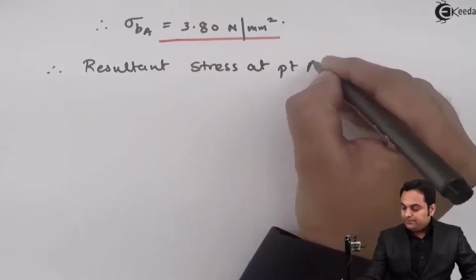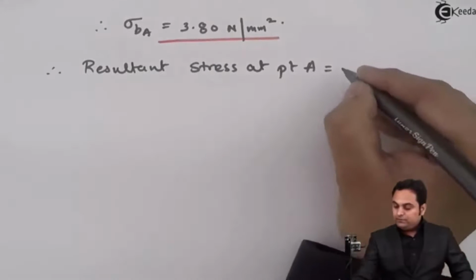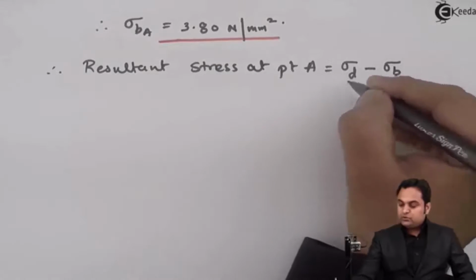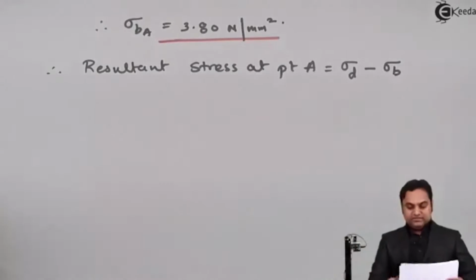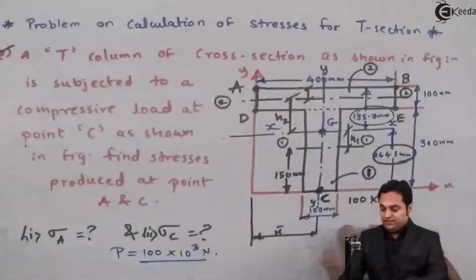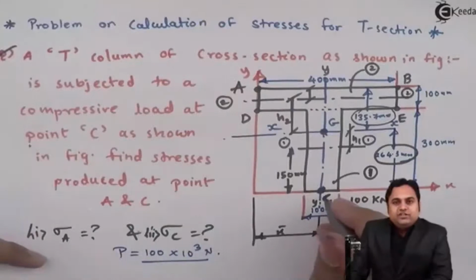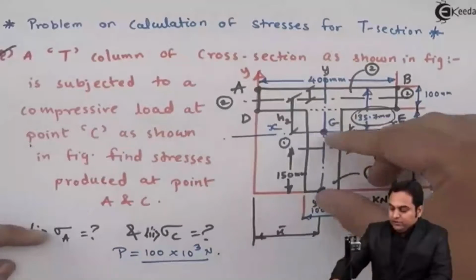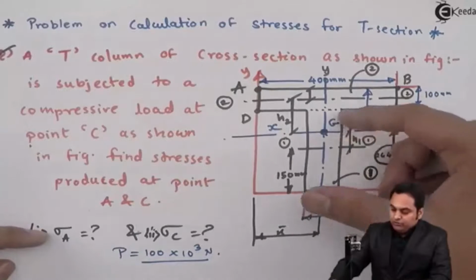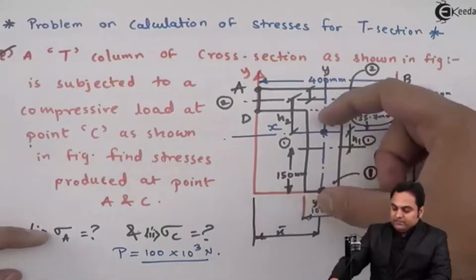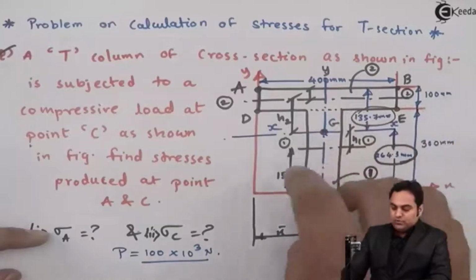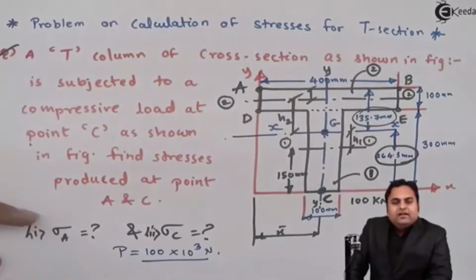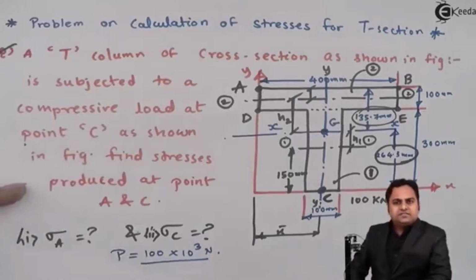at point A is equal to direct stress minus bending stress. Why am I subtracting? There is a reason for that: the load is at point C and it is a compressive load. From point A, the load is located at some distance. So when the load is acting, C is going to get compressed, whereas A would be lifted. So there is tensile stress at A, and in this chapter we take tensile stress as negative.